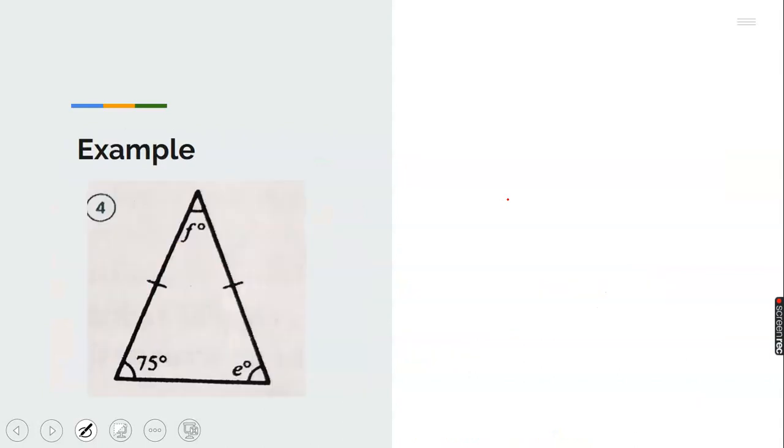Now, look at this example. When you have this line, it means this angle and this angle are equal. That is the meaning of this line. That means E is also equal to 75 degrees.